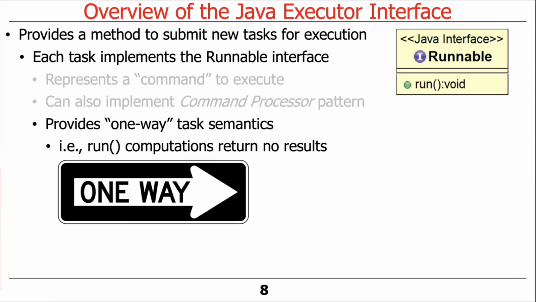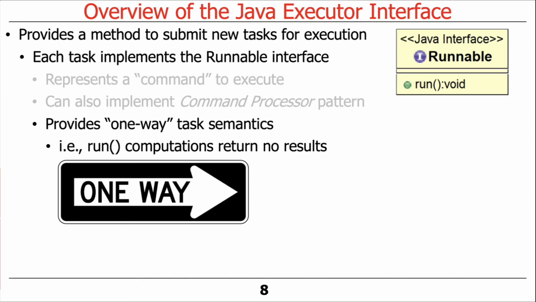Now, the Executor interface and its execute method and the use of Runnables provide something we call one-way task semantics. And that means that the run method that's called returns no results. It's a one-way computation. You give it something to do, it does it, and there are no results returned directly from the run method because it returns void.